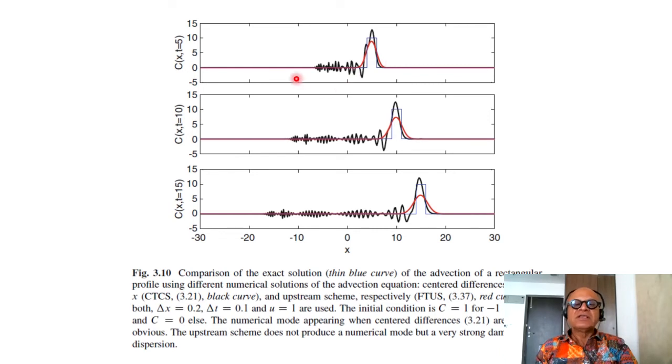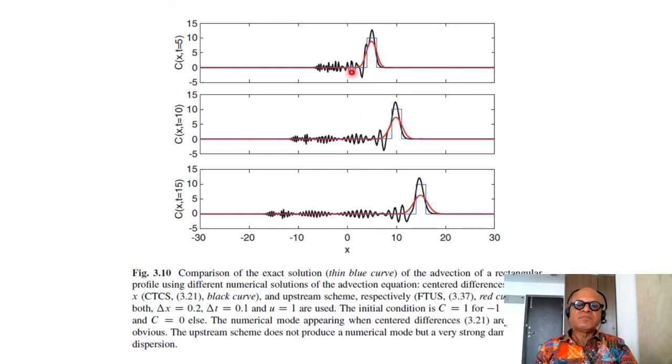So you take the exact solution but give it this step or rectangular function, and obviously the exact solution propagates without distorting this shape, and you want the numerical solution to capture the peak at the right time and right place in space, and not create too much spreading out or loss of the peak signal.